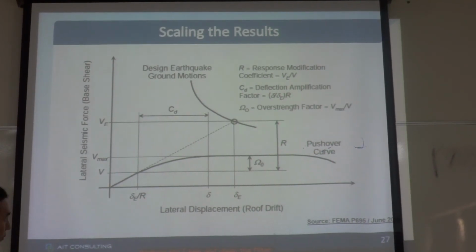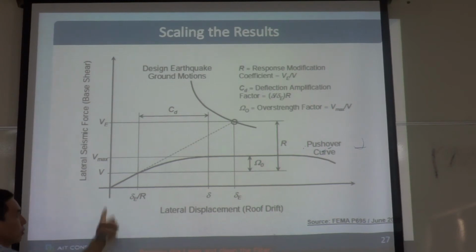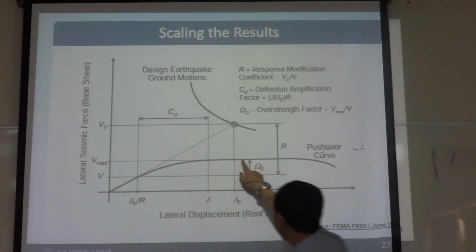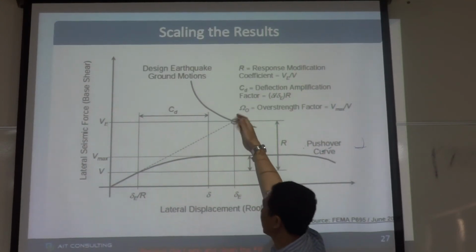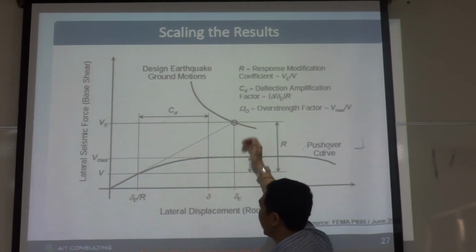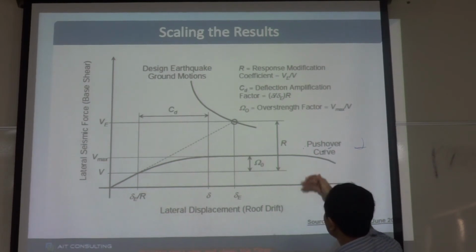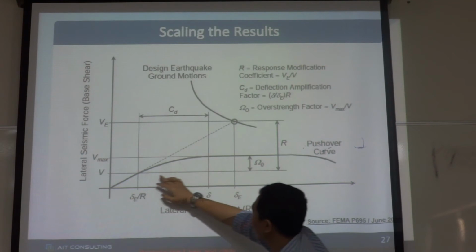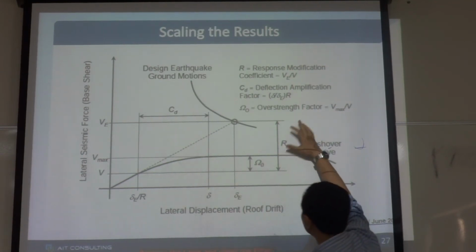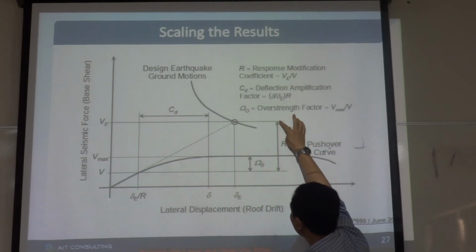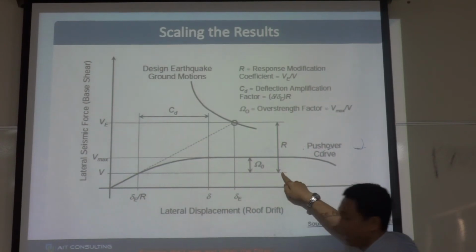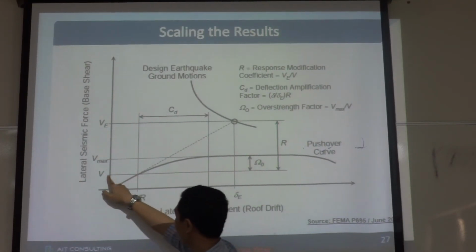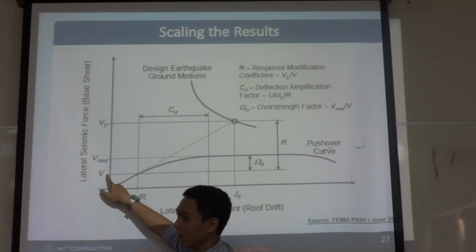But if we allow damage, the structure will yield at a certain force, and it will not reach the elastic domain. In the code, this one is drawn by pushover analysis. In the code, we scale the elastic forces divided by R, and then we get the design base shear here. We design for this one.